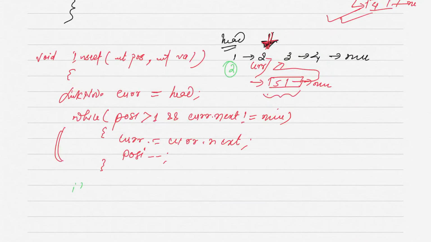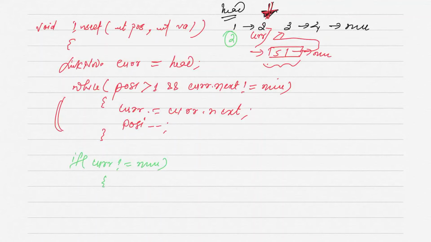If current is not equal to null, we will create the new node, ListNode newNode equal to new ListNode with the given value.